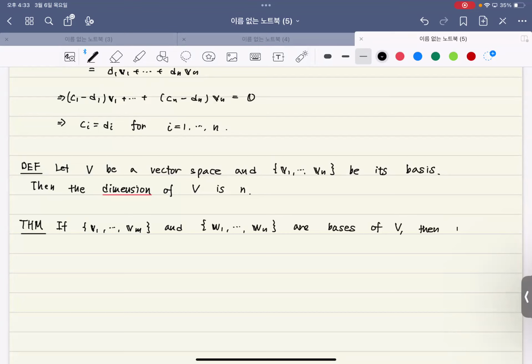Then m and n must be the same number. So even if the choice of basis vectors can be different, the number of such basis vectors must be the same.